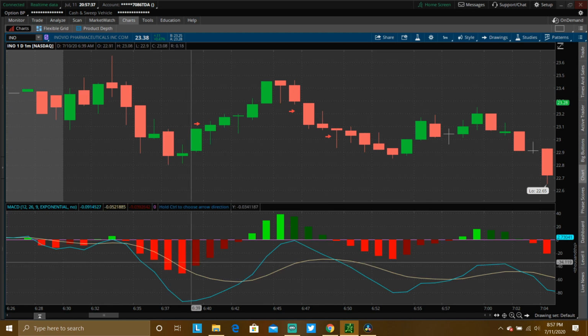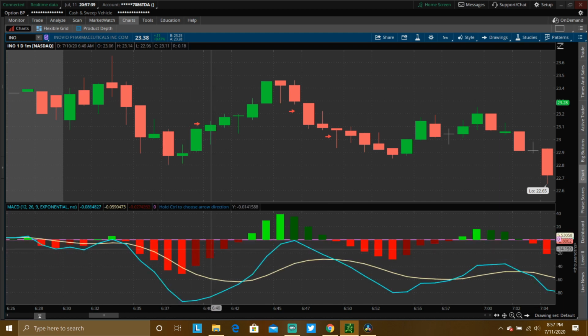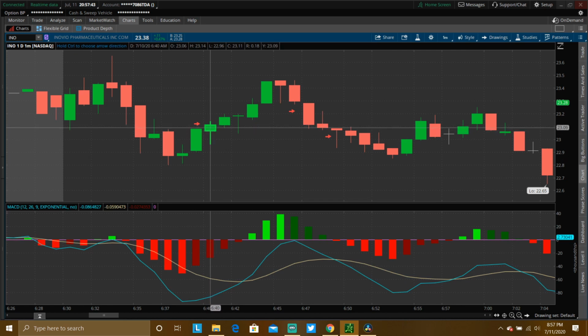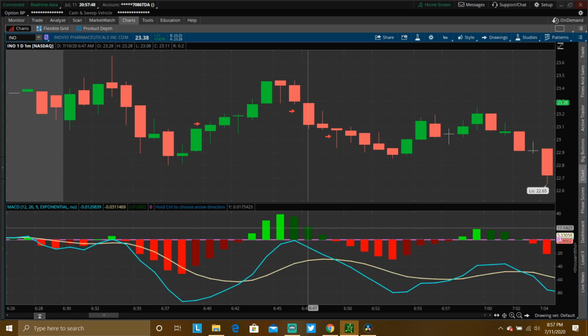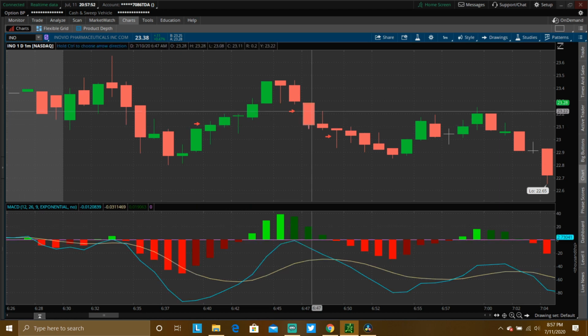But if you follow the rule where you buy the second one when it's going down, you'd be buying it somewhere around here at 23.09, and if you sell at the second dark green one, you'll be selling somewhere right here. So you'll probably make some money, a very small amount, or at least not lose as much if you did this.